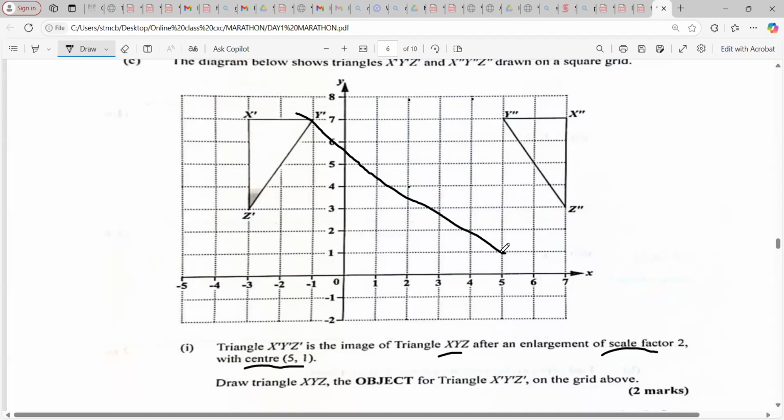I try to draw to X now from the point here.